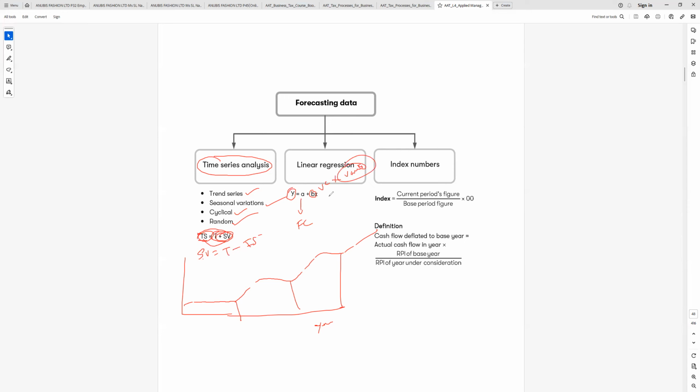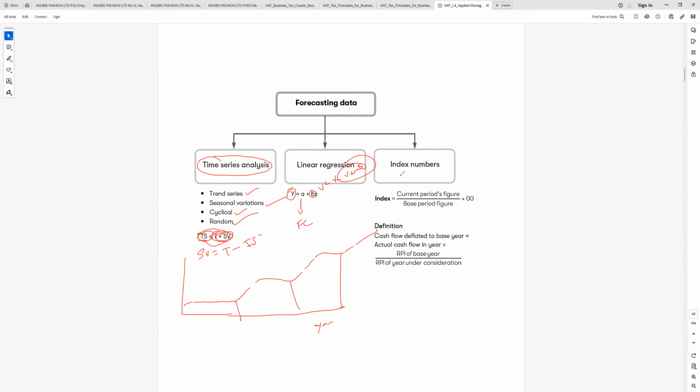Now x could be a number of months, number of years, or cost per unit. It could be anything, it depends on the situation. So x is our variable. Where we have to make a forecast based on one variable, we use the linear regression and the formula y equals a plus bx.